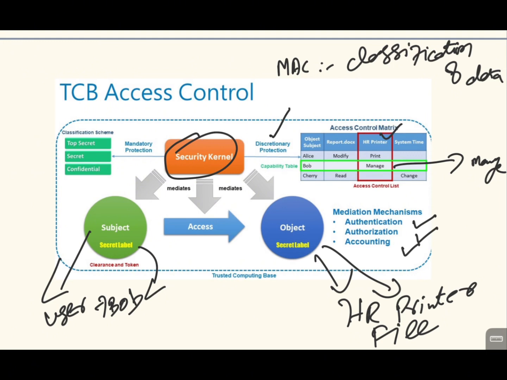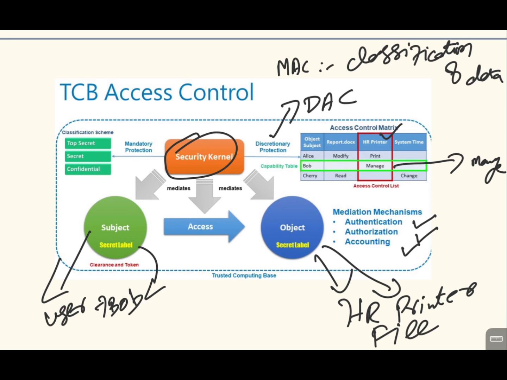Another thing is discretionary protection. This access control is also called DAC. It means the administrator can manually assign or revoke access permission for a user. It will completely depend on administrators, right? The administrator can provide you the access permission, and the administrator can revoke the access, but this will be done manually.